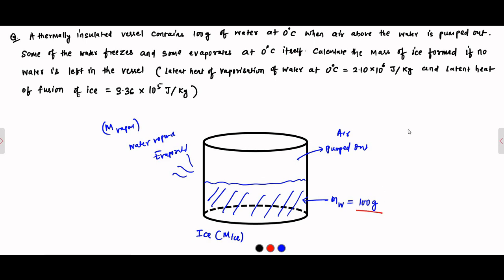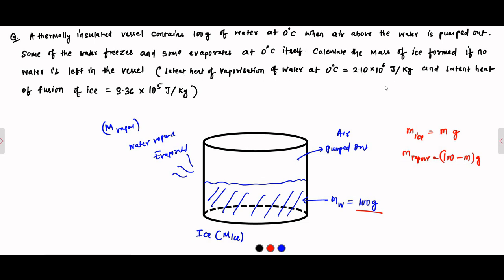So out of this 100 grams, let's say the mass of ice which is formed is m grams. No water is left in the vessel, so the remaining mass of water is converted into vapor. So the mass of vapor which is formed is 100 minus m grams.